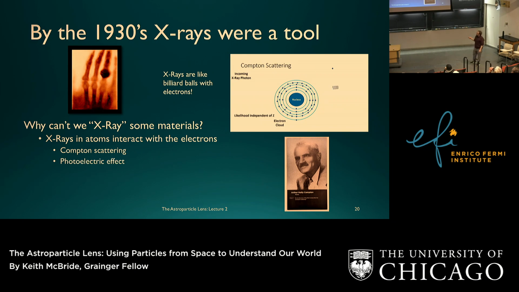And we also observe the photoelectric effect, where you shine X-rays onto a metal and you get electrons out, right? The kinds of electron energies you get out are purely determined by the X-ray photon's energy in the first place. Right? These things are linked, and this depends on the nuclear charge.